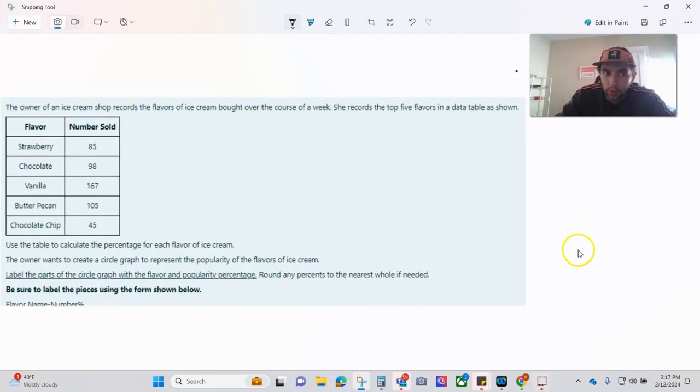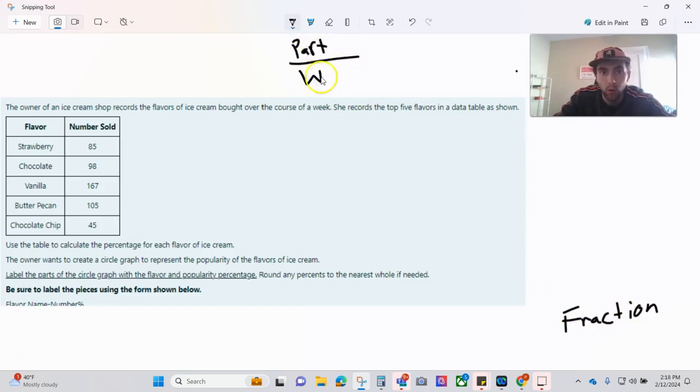So we can turn this data into a percent if we can make a fraction. We can make a fraction by making a part to whole relationship. A part to whole relationship.